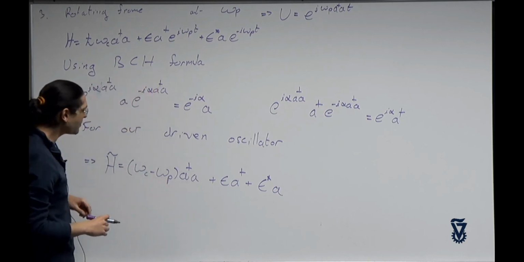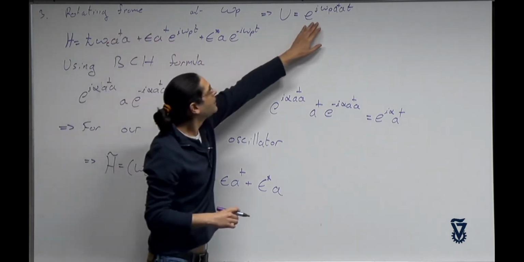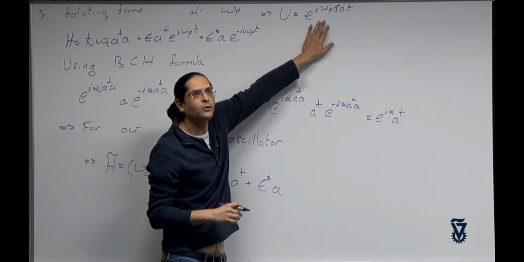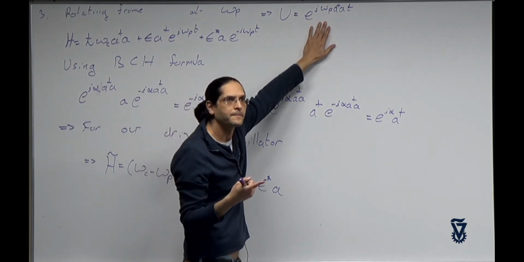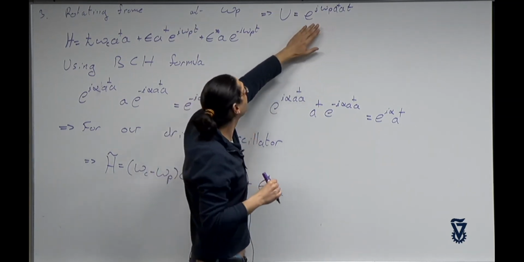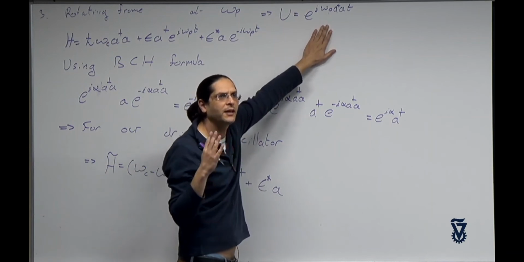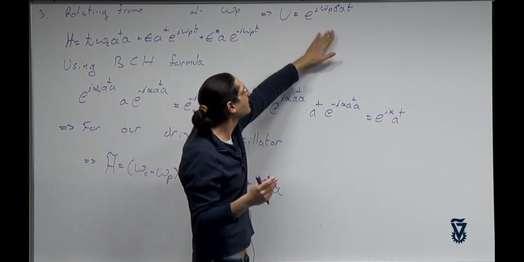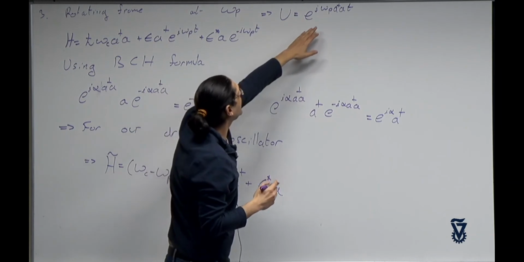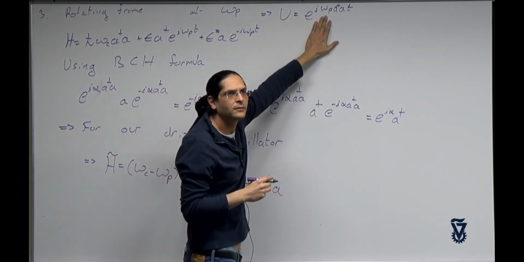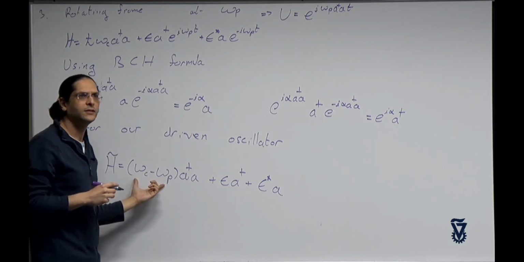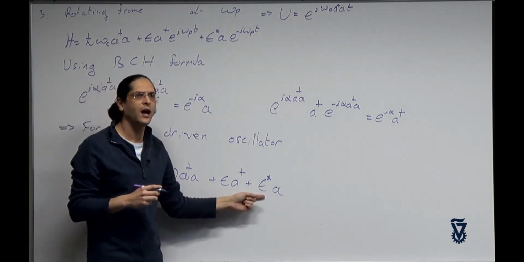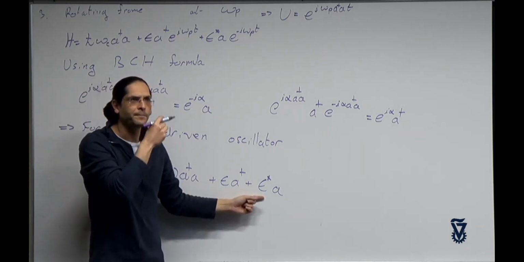Right? But what we did here is basically go into a frame that is rotating at the pump frequency. So this is very general, going into a frame that is rotating at some frequency. If you go into a frame rotating at the frequency of the cavity, then you're getting this change of frequency. This would go to 0 and you just have the drive at the cavity frequency.